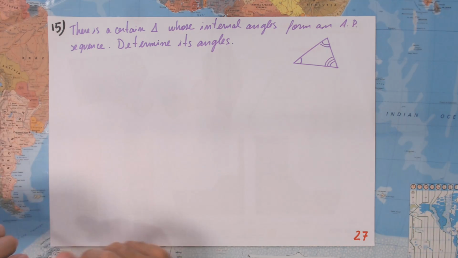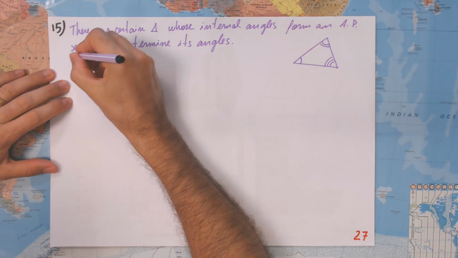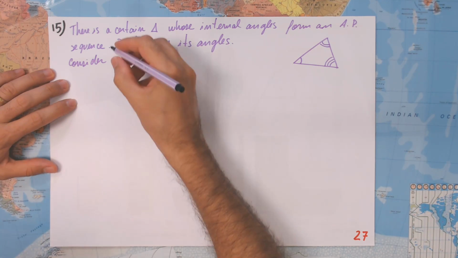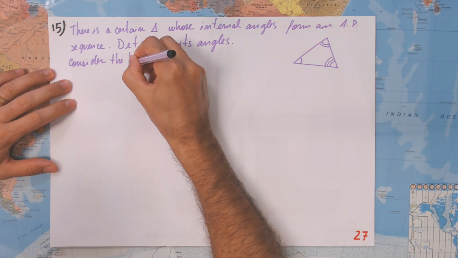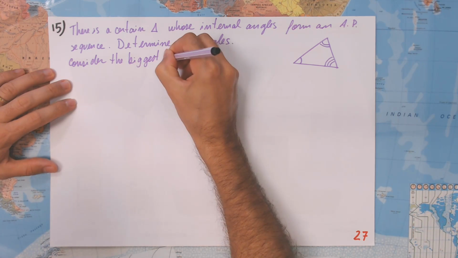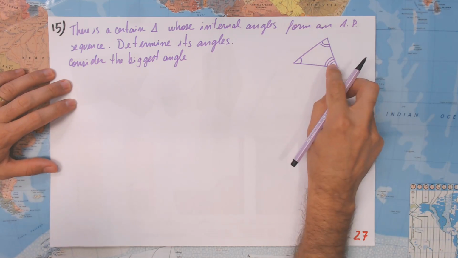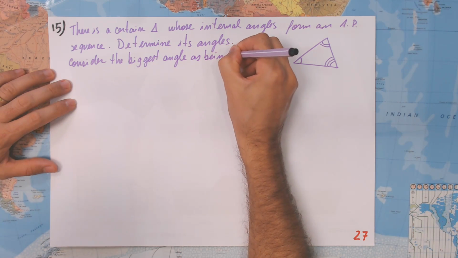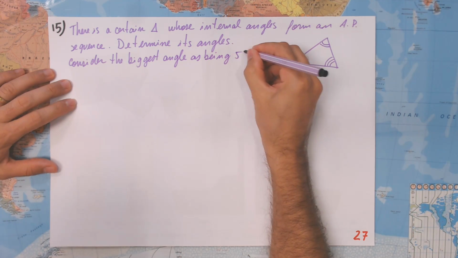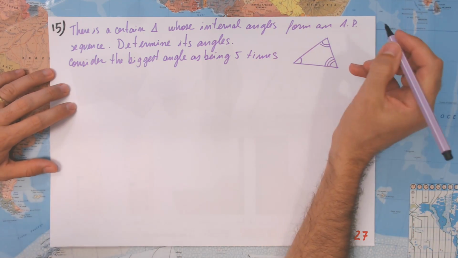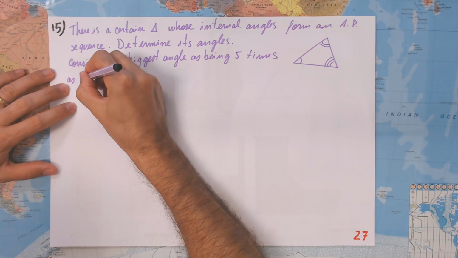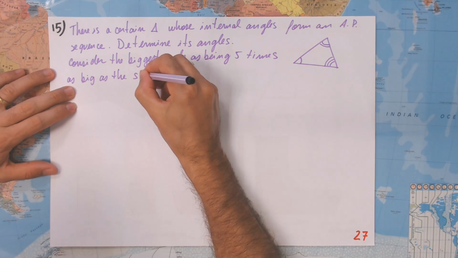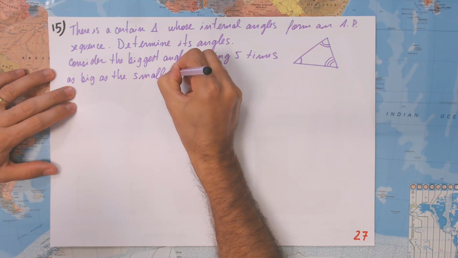Of course, there is something that we also have to consider. Consider the biggest internal angle as being 5 times as big as the smallest angle.